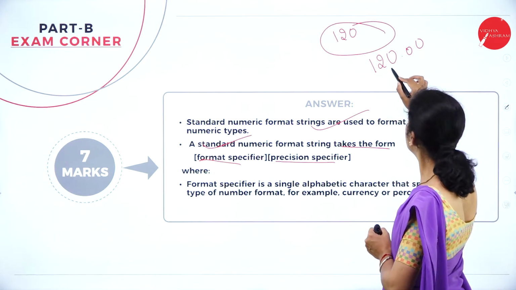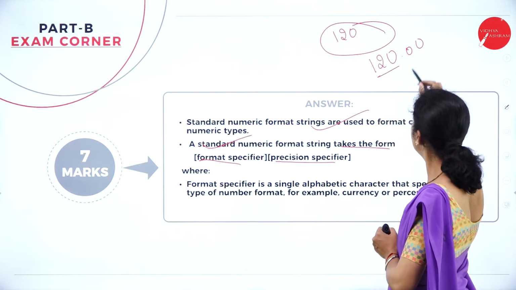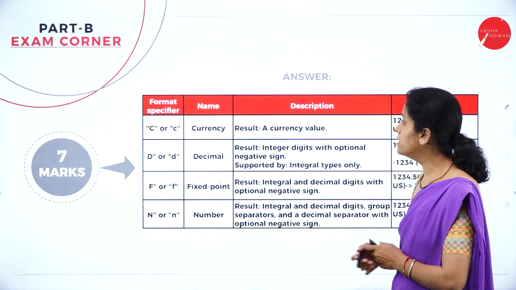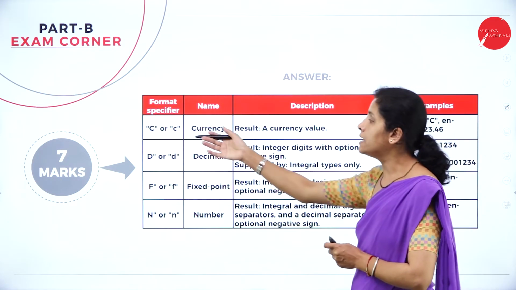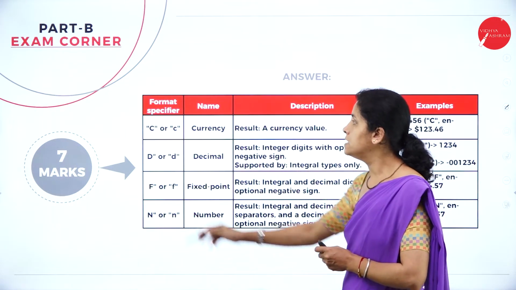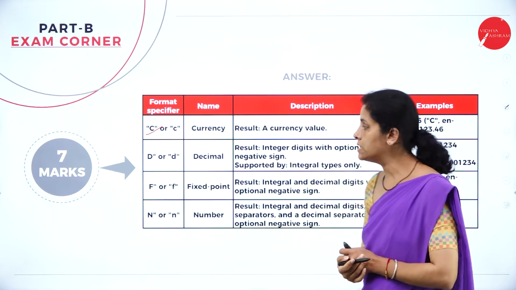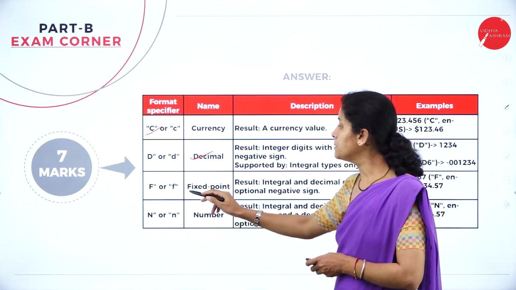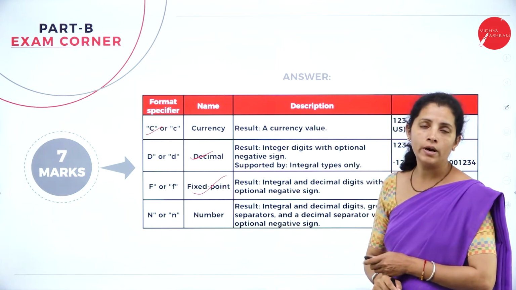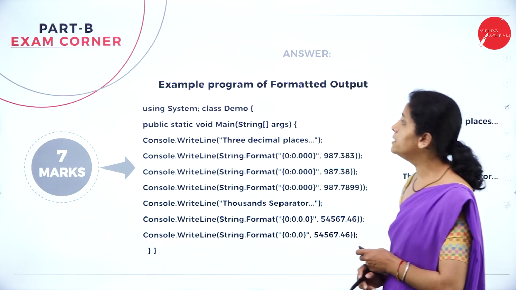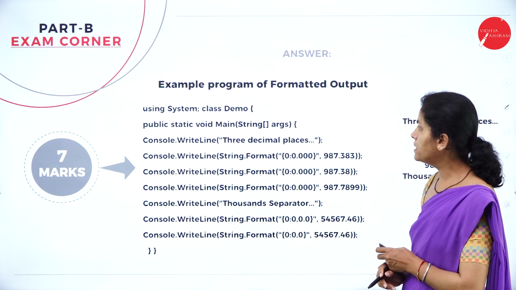Here this is the format specifier and this is the precision. Now dear students, see, this is the example I have, and I have some format specifiers. C is currency, D is decimal point, F is fixed point and N is numbers.